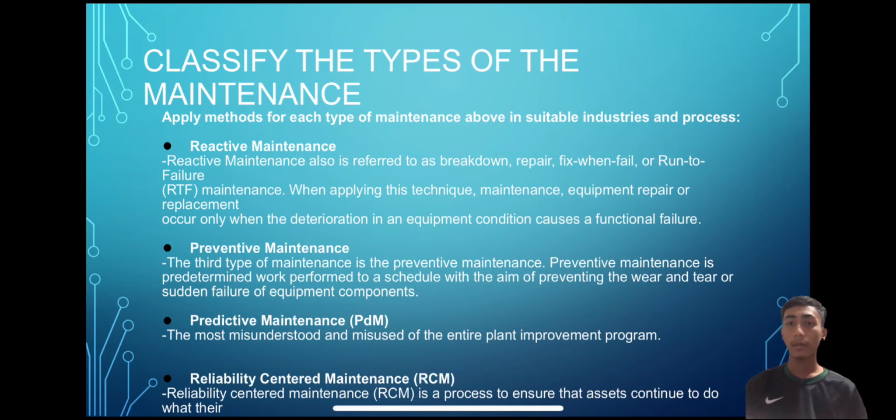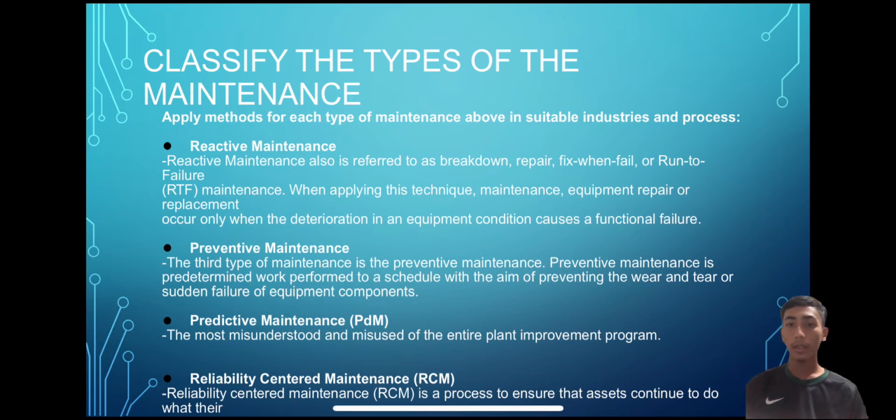The third type of maintenance is the preventive maintenance. Preventive maintenance is predetermined work performed to a schedule with the aim of preventing the wear and tear or sudden failures of equipment components.